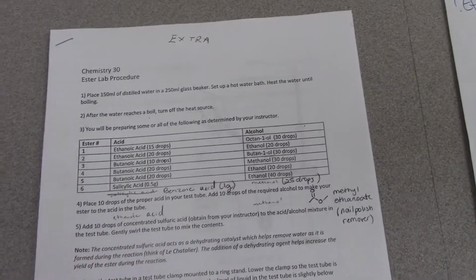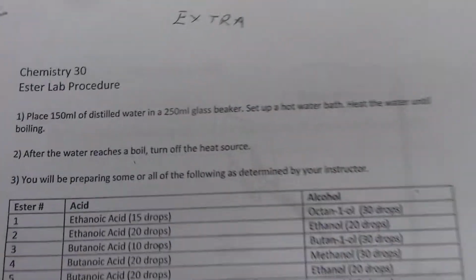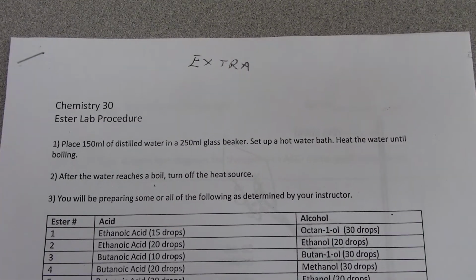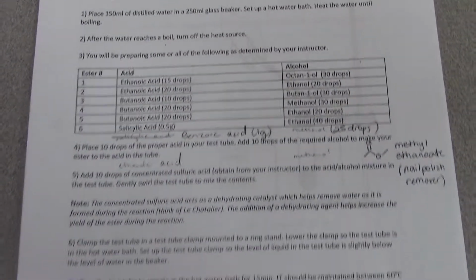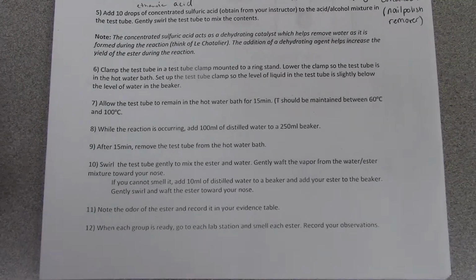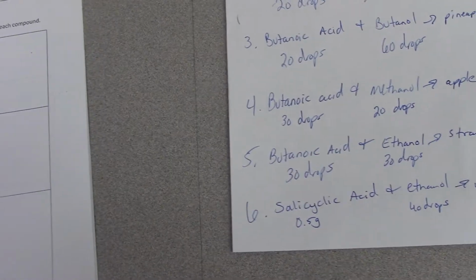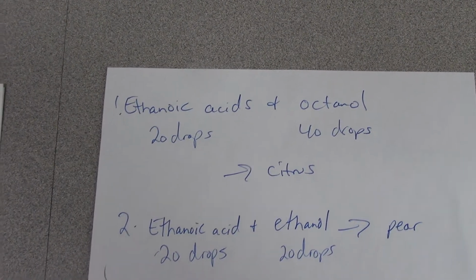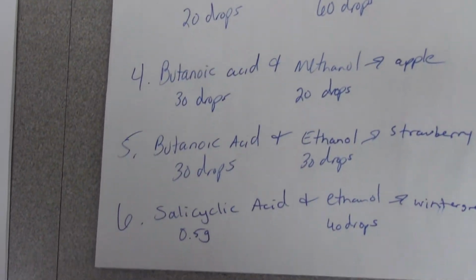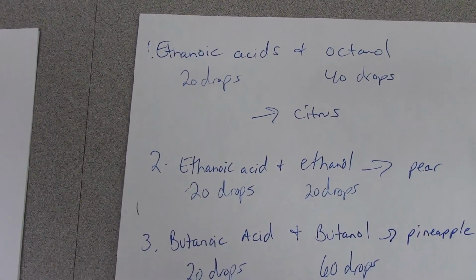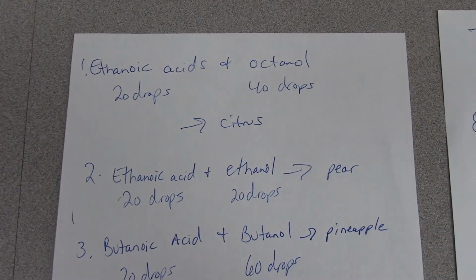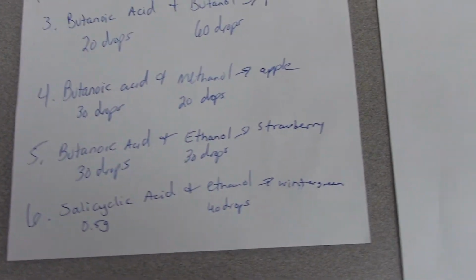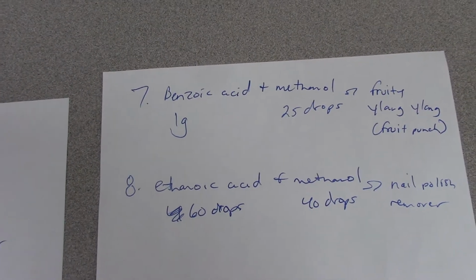Just before I do that, I wanted to show you what you need to do in order to fill this lab out. It's not a formal lab write-up. I'm going to go through the procedure here, but what I actually want you to do is take these 8 reactions that you would potentially do, and turn them into esterification reactions.